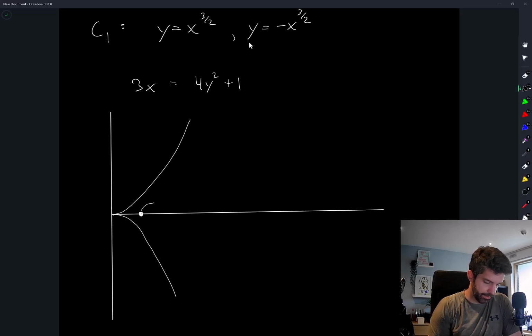And it's opening in this direction. How can we determine whether these curves intersect?